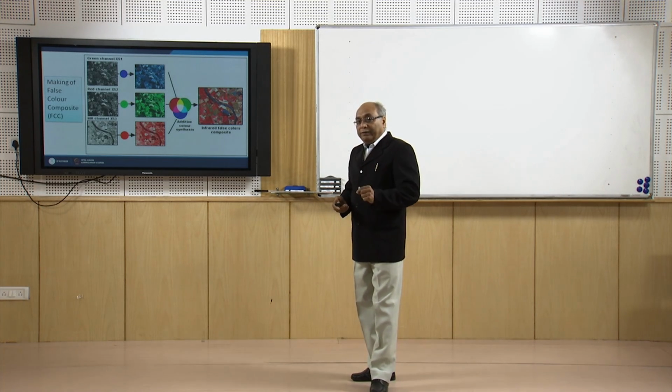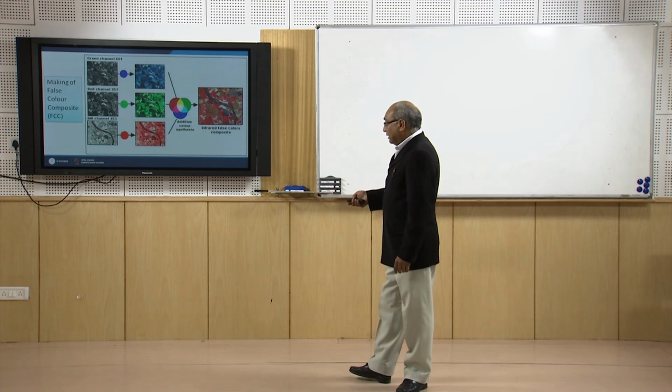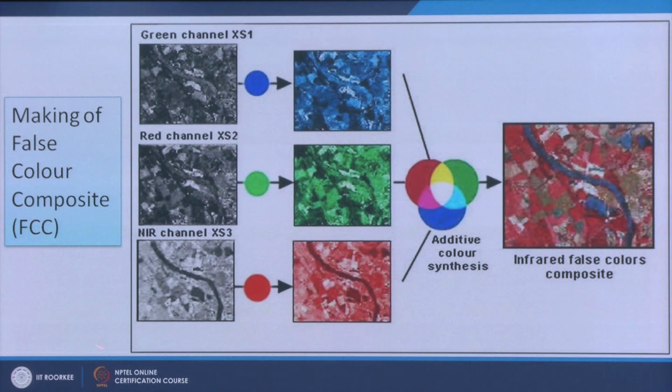So which color will one assign? In a standard false color composite, generally the red color is assigned to this infrared channel, and the remaining two colors are assigned to the remaining two channels.